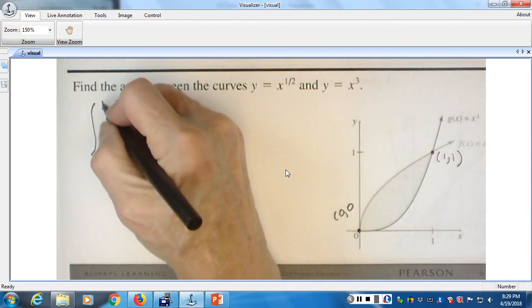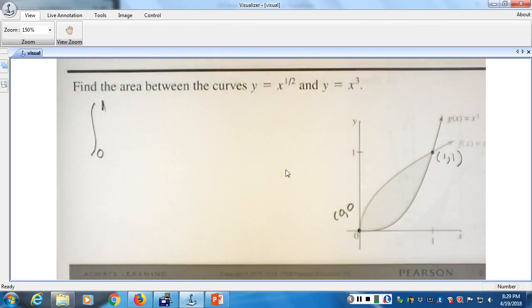So that's how you find your limits, because that's how you find the area's containment points.